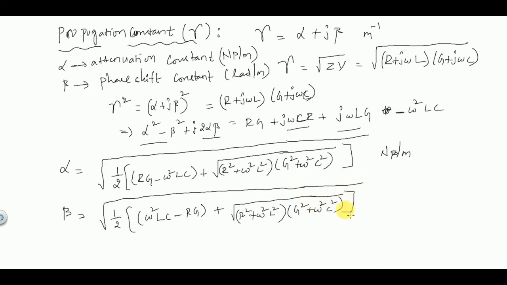Okay, so units are radians per meter. So this is how we get the values of alpha and beta, where alpha is called the attenuation constant and beta is called the phase shift constant, and the combination of alpha and beta is called gamma, which is a complex term. Okay, so this is about propagation constant.